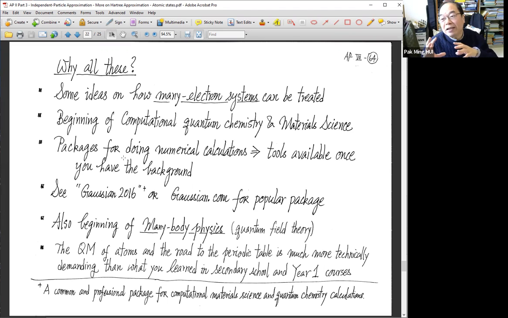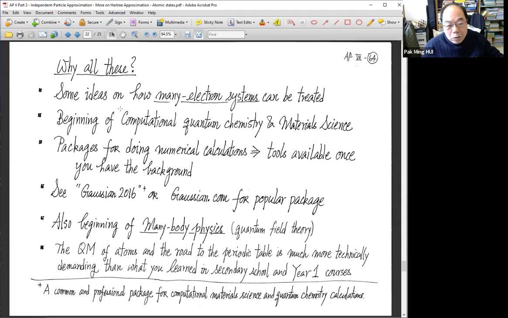How, at least, how on Earth it is possible to reduce many electron problems to single electron calculations. But we now know that can be done, but that is not easily done. A lot of complicated things, self-consistency.